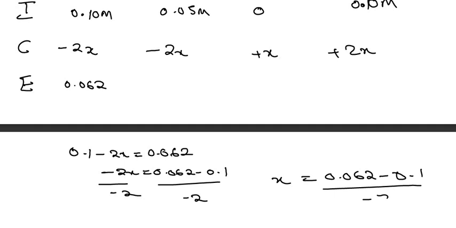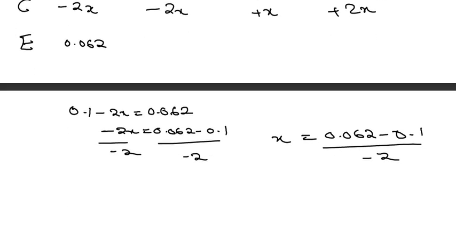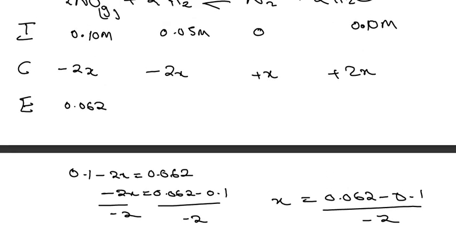And when you punch this on your calculator, this should give you x equal to 0.019 molarity. That's what we are getting. Now that you know your value of x, we're simply going to put our x here. So for hydrogen, this is 0.05 minus 2 times the answer that we've gotten.